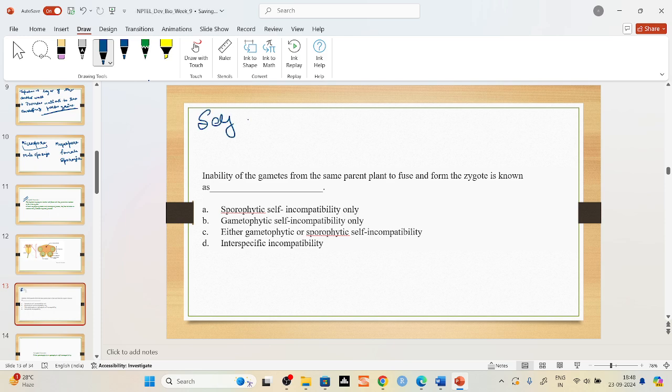So if we talk about self incompatibility, this can be of two types. First is sporophytic, and the second one is gametophytic.